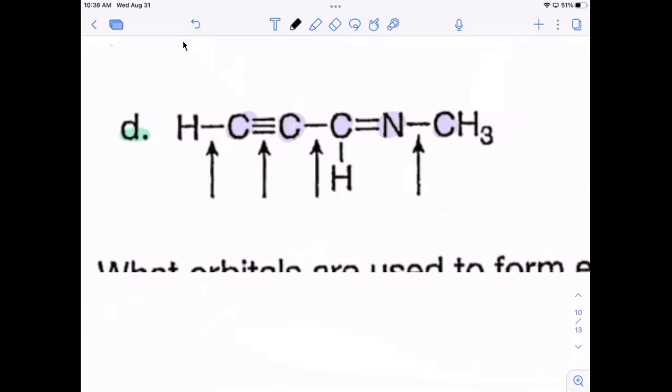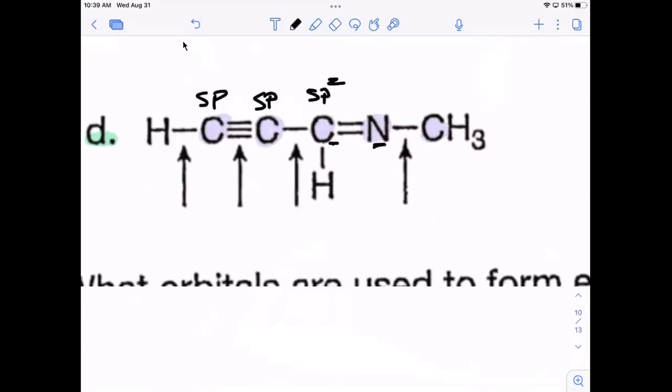Anytime you have a triple bond between two atoms, they're going to be in the sp hybridization state. And what about this carbon right here? That's double bonded to nitrogen. sp2. Great.